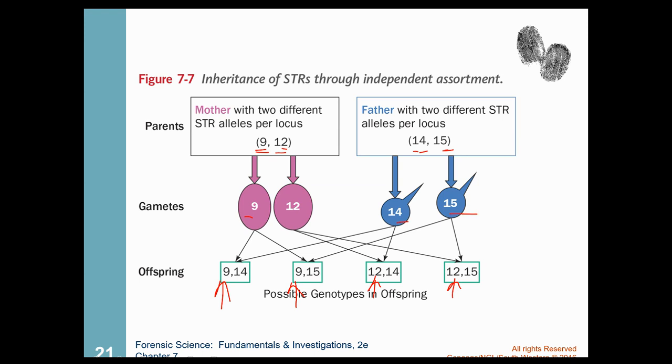So I can have a 9 with a 14, or a 9 with a 15, or I can have a 12 with a 14 and a 12 with a 15. So there are 4 possible genotypes in the offspring, right? This is how we can determine the paternity of a child. Same thing.